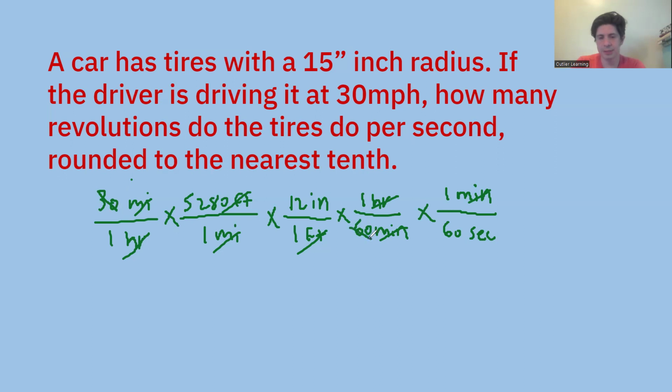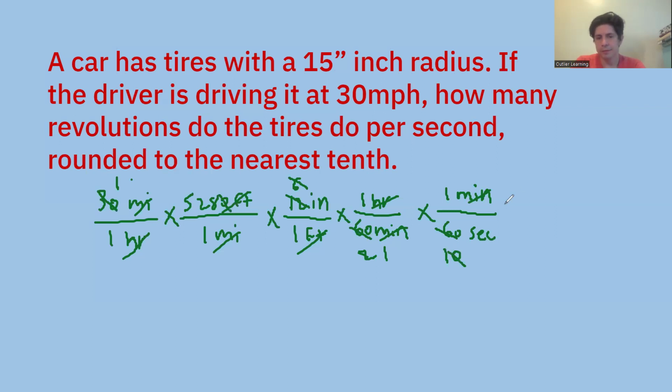So 30 over 60 gets me 1 and a 2. 12 over 2 gets me 6 and 1. 6 and 60 gets me 1 and 10. 5,280 and 10, right? We can cancel out the zeros.